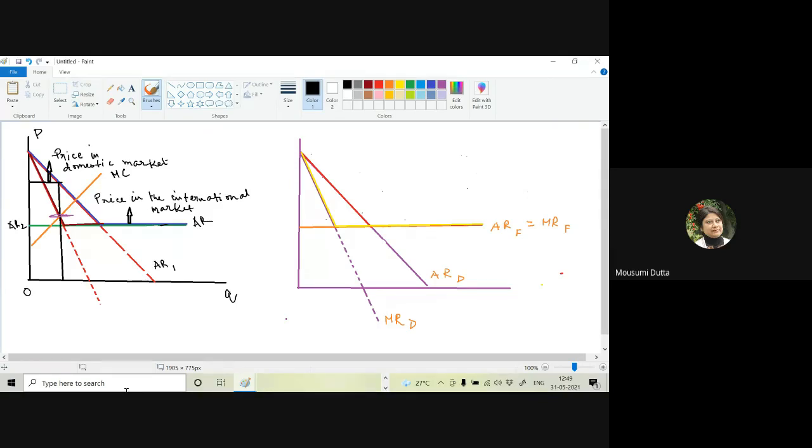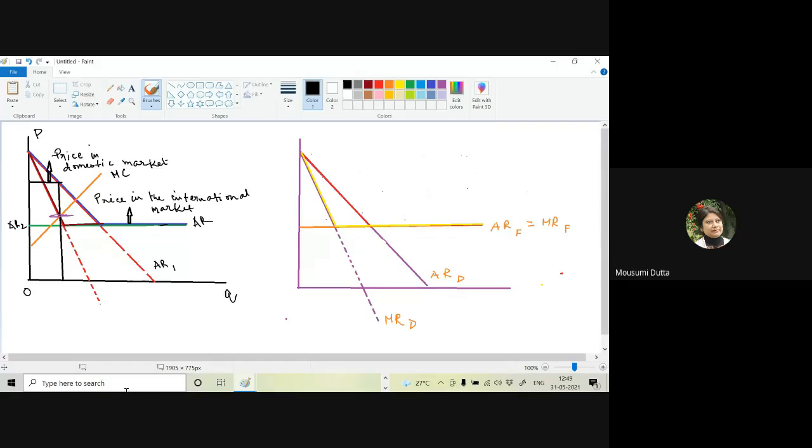Just check all these things, go through this thing, and then we will come back with the second diagram. I think it will be easier to answer your questions, how we will use MC in the next step to determine how much will be sold in the domestic market, how much will be sold in the foreign market, and so on.